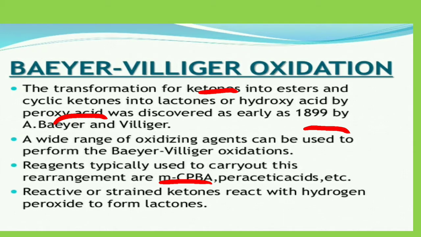For the formation of an acid from an aldehyde, there are different reagents and a number of reactions, but for the conversion of ketone into ester and cyclic ketone into lactone, there is no other reaction. That's why the Baeyer Villiger reaction is very important for the conversion of ketone into ester and of cyclic ketone into lactone.